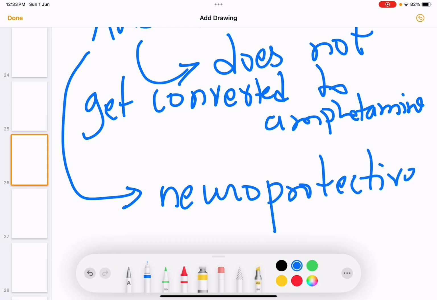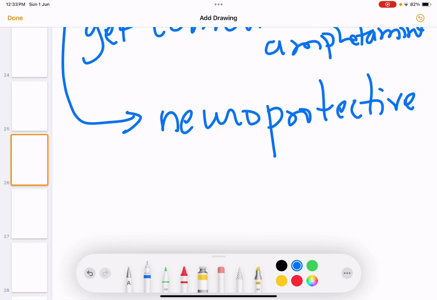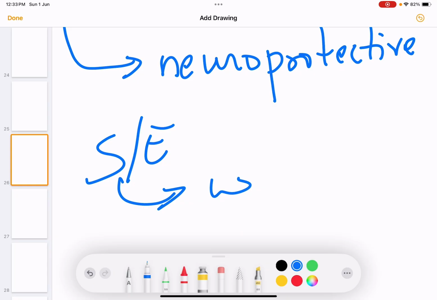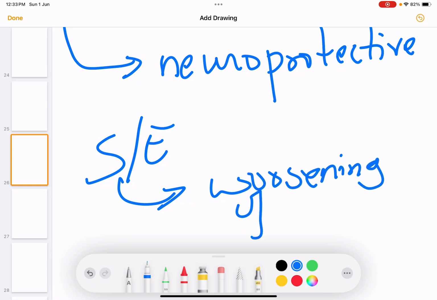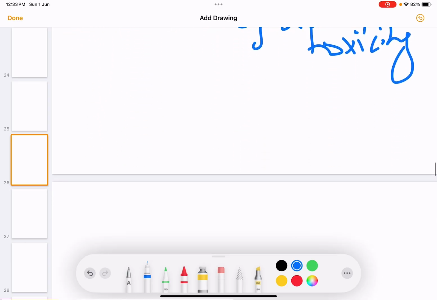Neuroprotective means it prevents degeneration of dopaminergic neurons. Now what is the side effect? They worsen the levodopa toxicity. So there is increased nausea, increased confusion, and increased risk of psychosis.